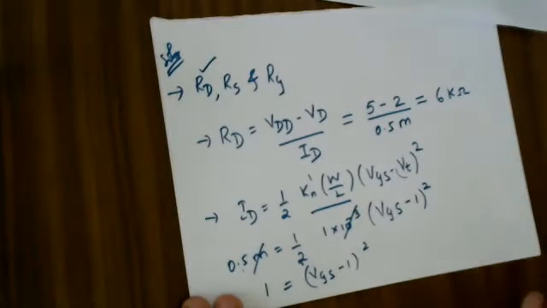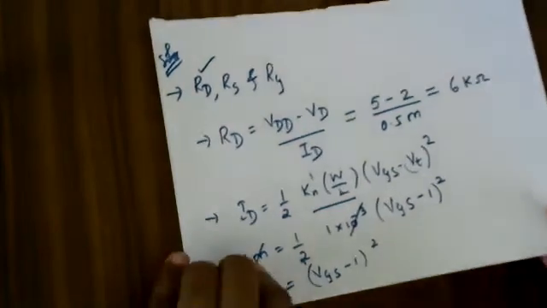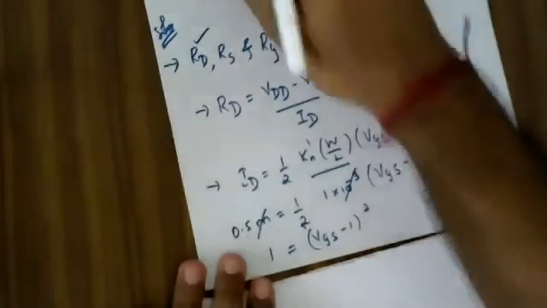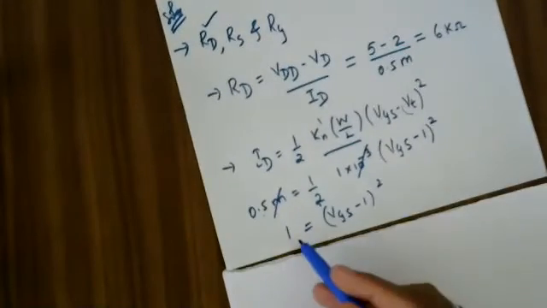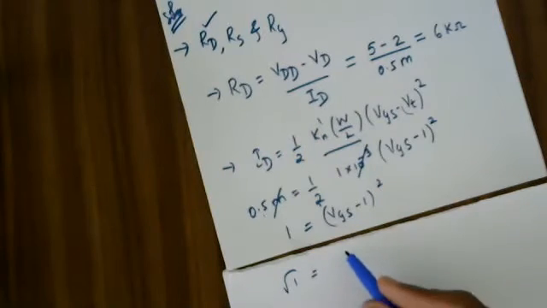So what should I do? I should take the square root on both sides. The square root of 1 is 1.